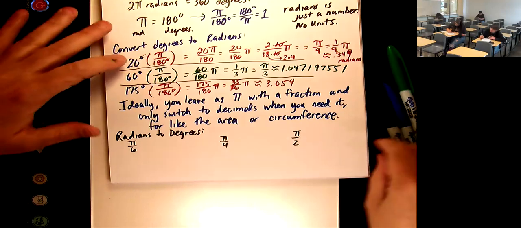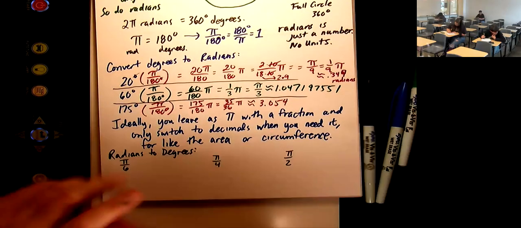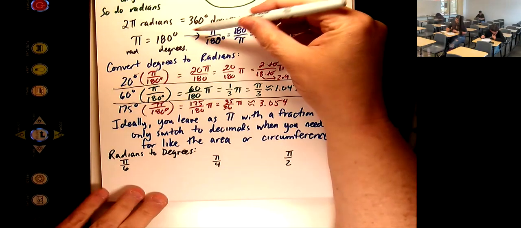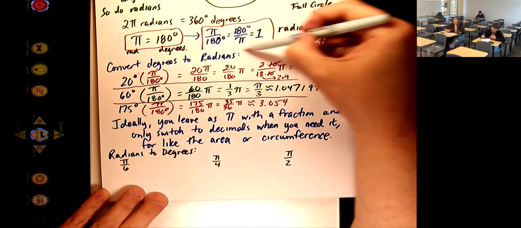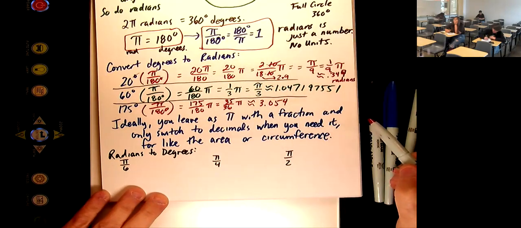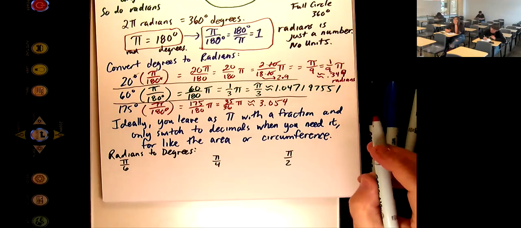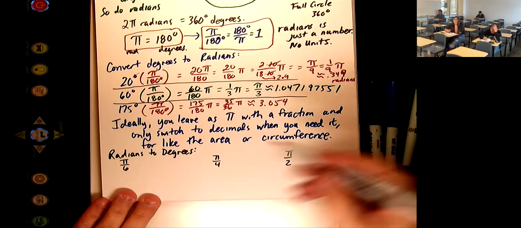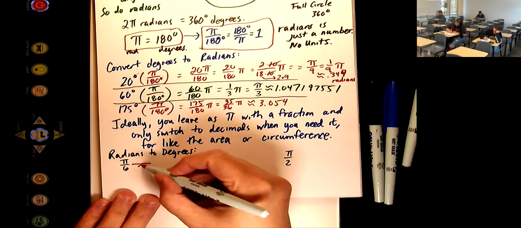So if you have this relationship up here memorized and how it lines up with that, whatever you have, you multiply it by the version that gets rid of it. If I have pi, I want to multiply by the version that has pi on the bottom.